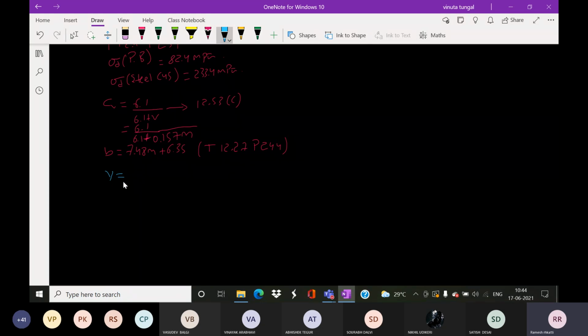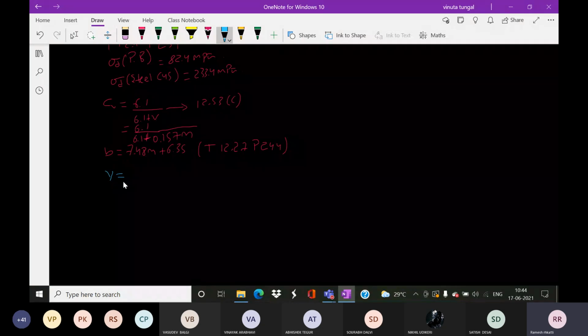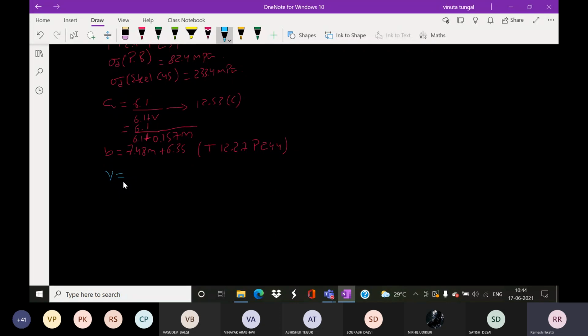For this, you will be using equation 12.5. Here, whatever the angle is, it is 14.5 full depth. You can use that equation, or for worm gear, you can open page number 244.